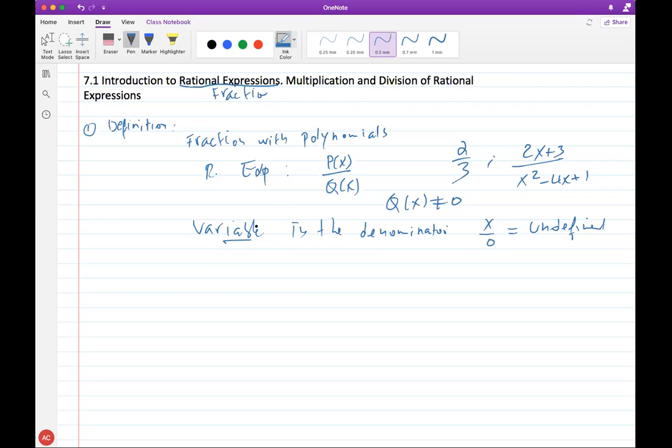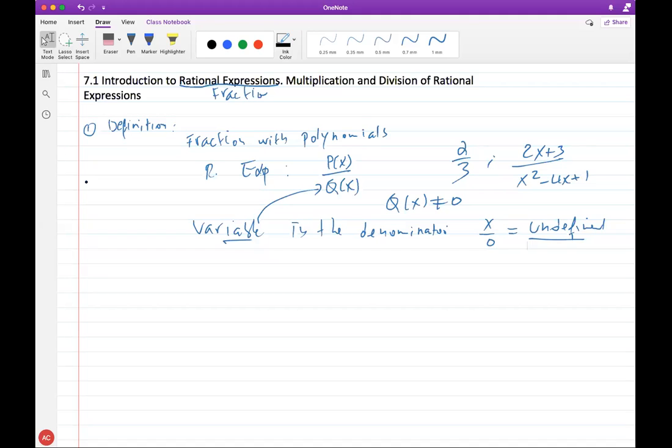So it's going to be some x or y, whatever, in the denominator. That's why we say the bottom can't be 0. We try to avoid any number that would give you 0 here because we don't know how to deal with that. That would be something undefined.